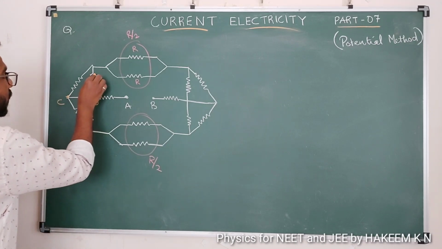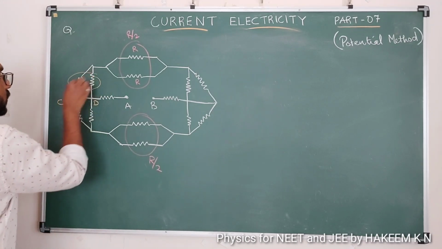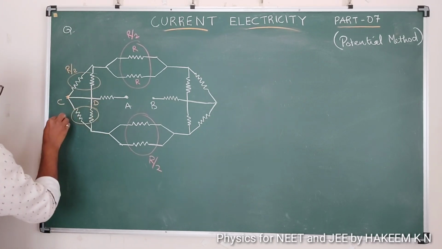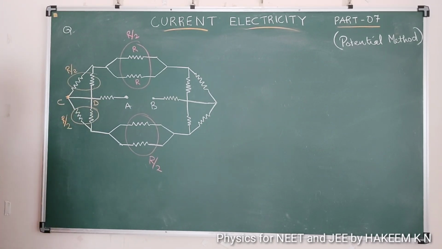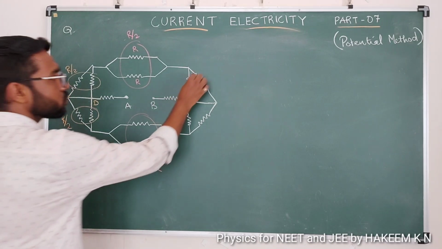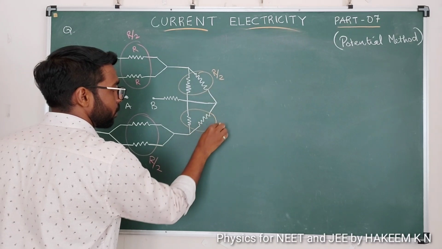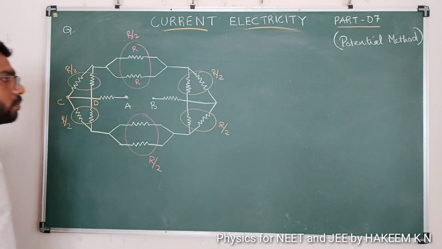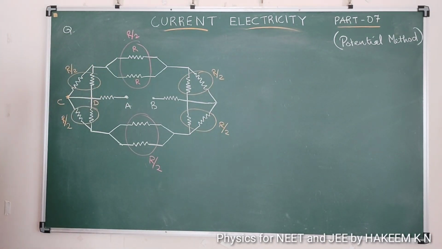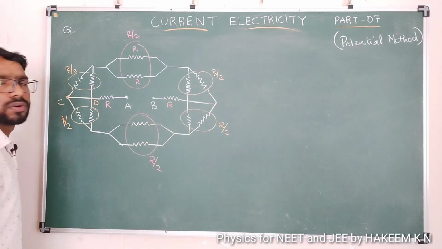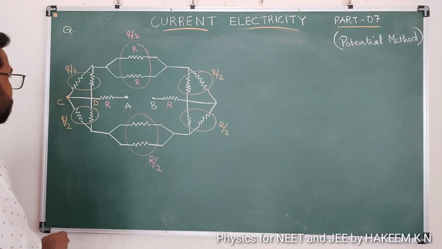So we can say these 2 R's are parallel, we will get R by 2, and these 2 R's are parallel, we will get R by 2. Here also, R parallel R, we will get R by 2. This is R and here it is also R. All resistances are capital R.